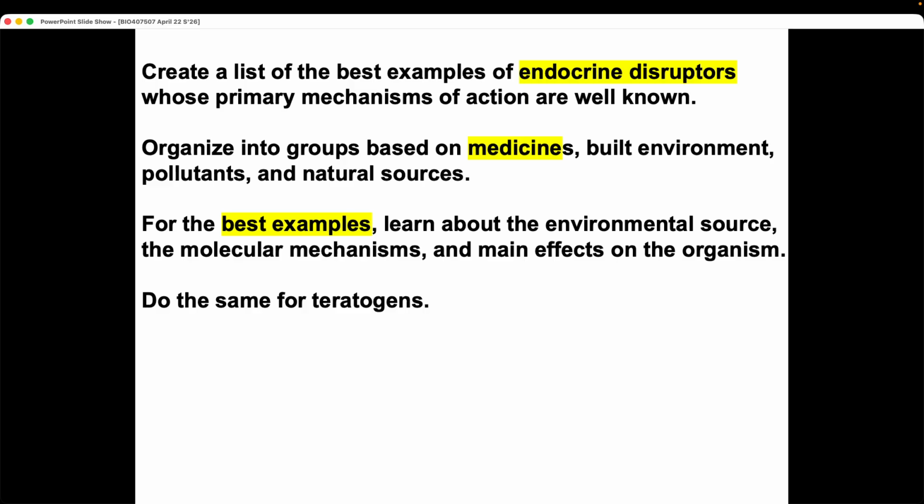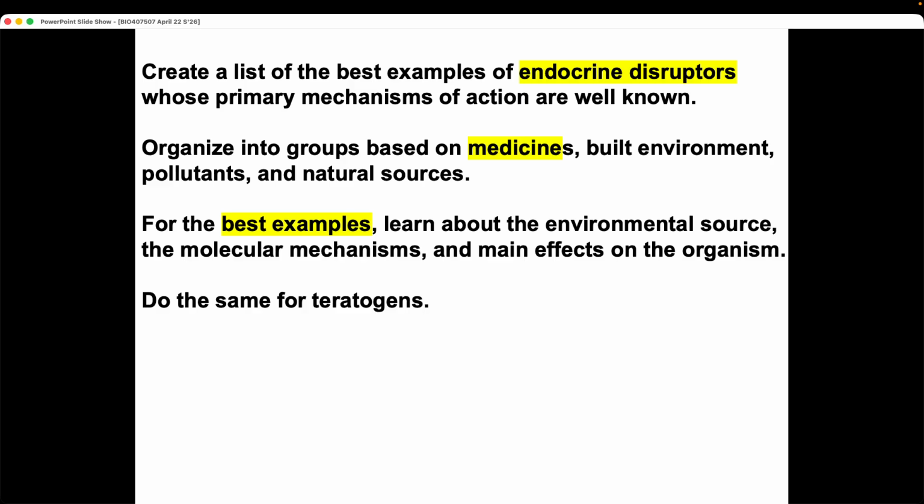Then we have pollutants, and the built environment and pollutants kind of merge, right? Because there are some built environment products that become pollutants, like forever chemicals. They're part of the built environment, non-stick surfaces and so forth, but then they become pollutants because of their stability in the environment. And so those are kind of together. And then examples of natural sources.